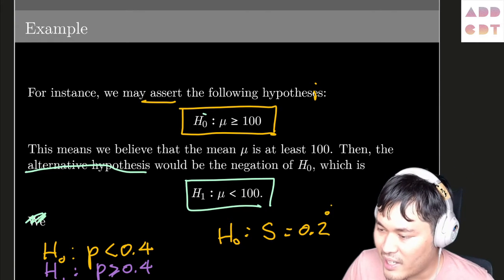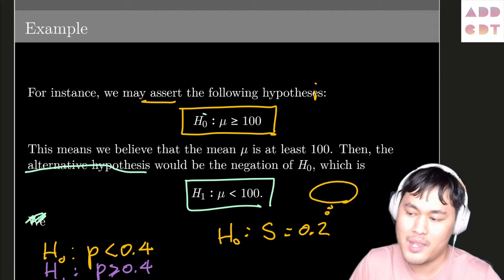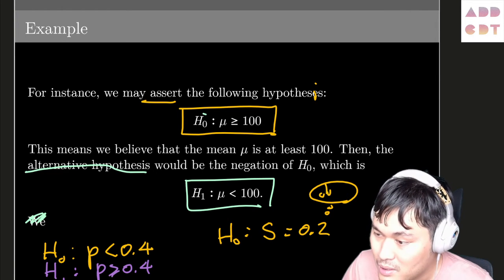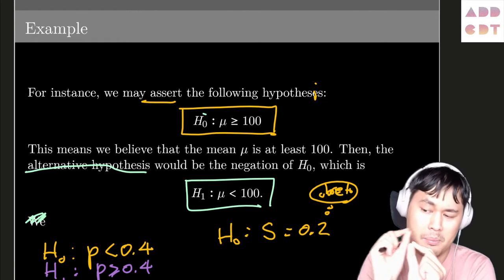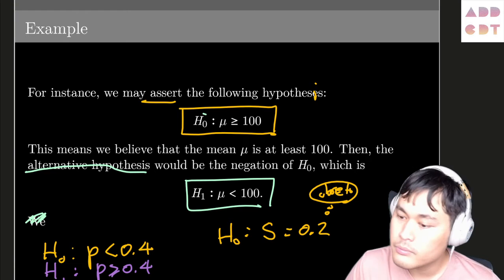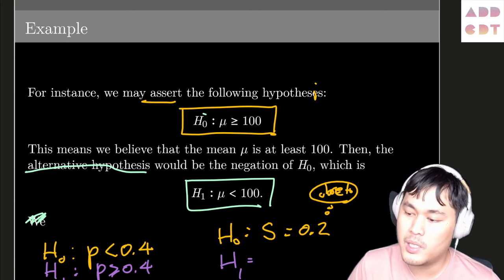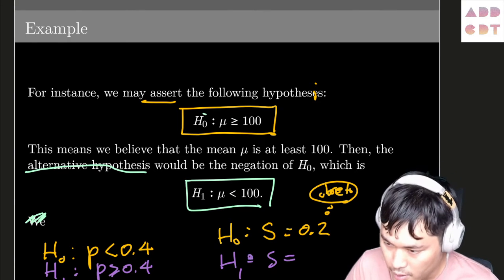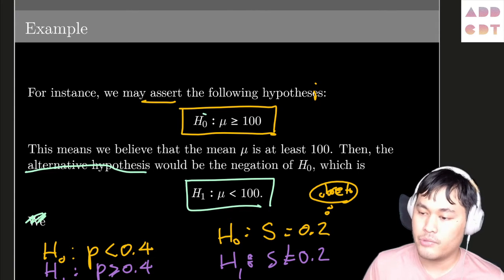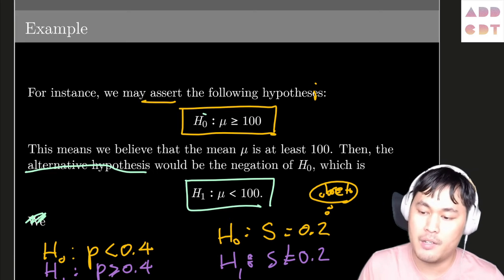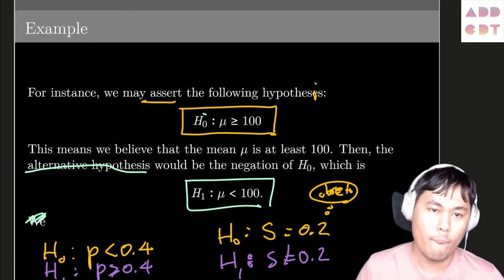Let me add a remark here: this implies that we believe it is close to 0.2, plus or minus a little. The alternative would be that the standard deviation is not 0.2.